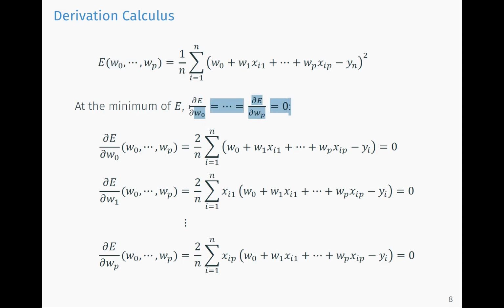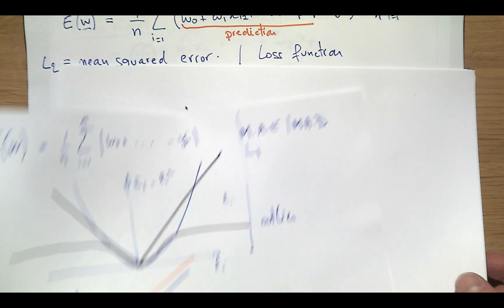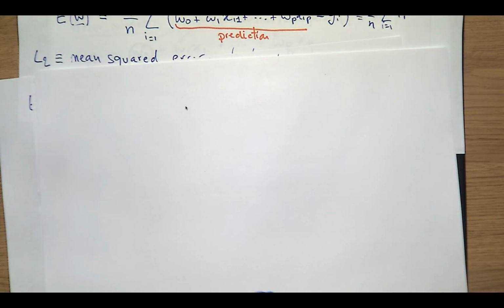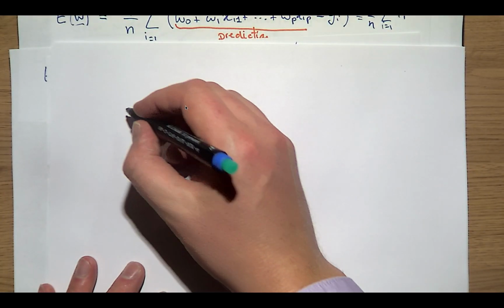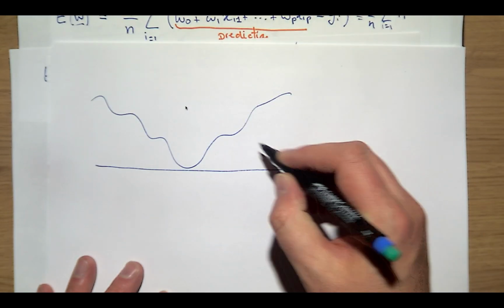Something you've seen in linear algebra and other places: how you find the minimum of a parabola, where you differentiate your parabola, because the gradient has to be null. Maybe that's worth a little explanation again. Let's say you plot your loss function and it looks like this.